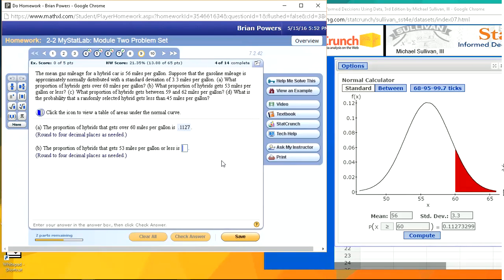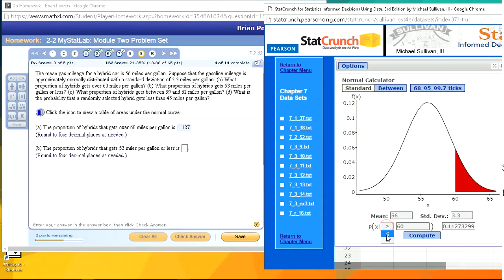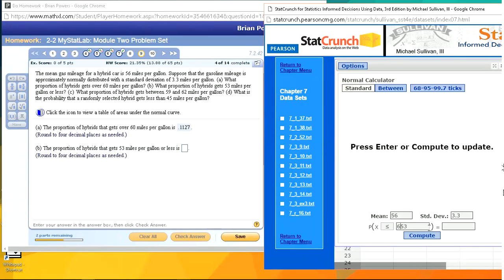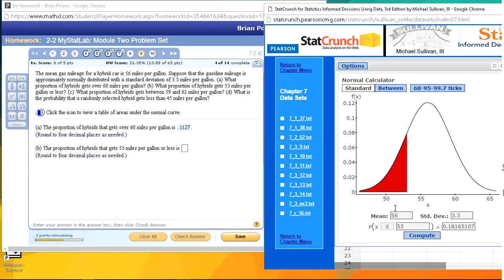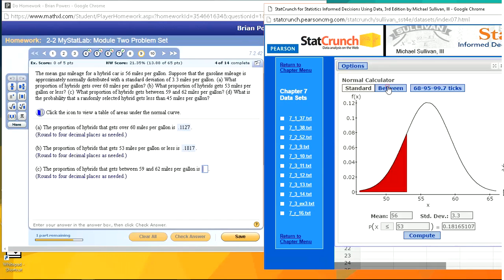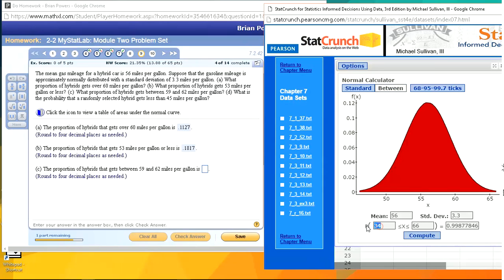53 miles or less. Well, you turn this around for 53 miles or less, 53. 0.1817. And then for between you just go to the between and you type it in.